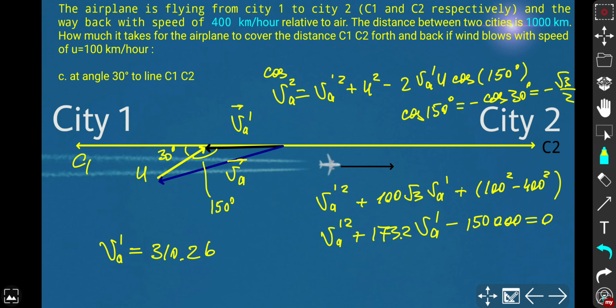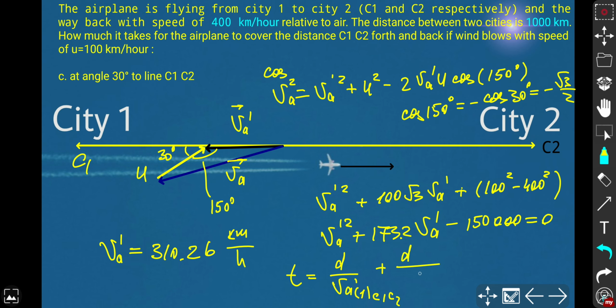All right, so we've got two values, and we need to calculate the total time. It is going to be d over VA prime in the first case, from C1 to C2, plus the same fraction d over VA prime, but from C2 to C1.